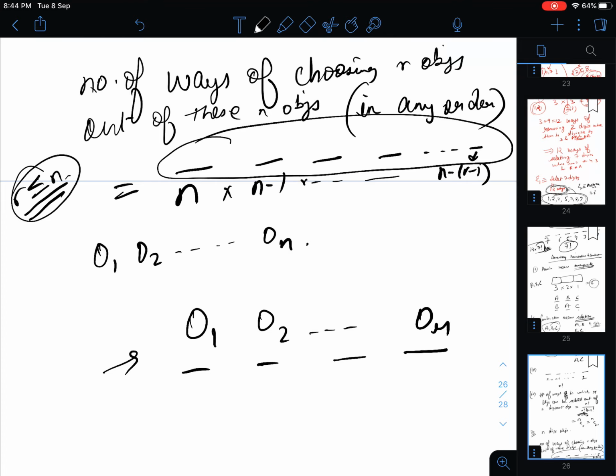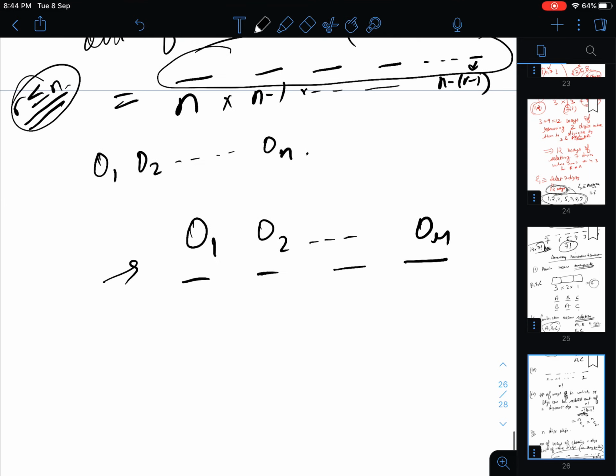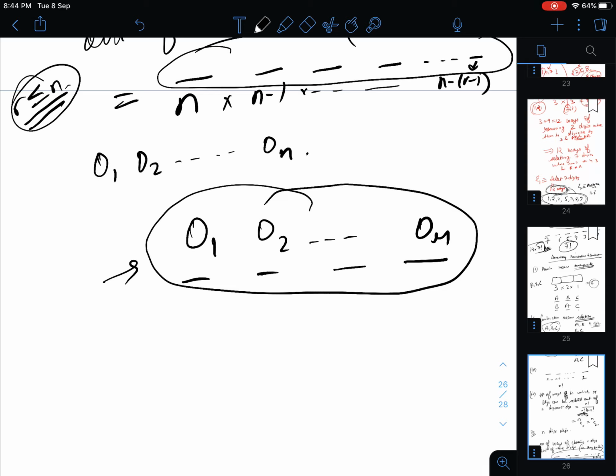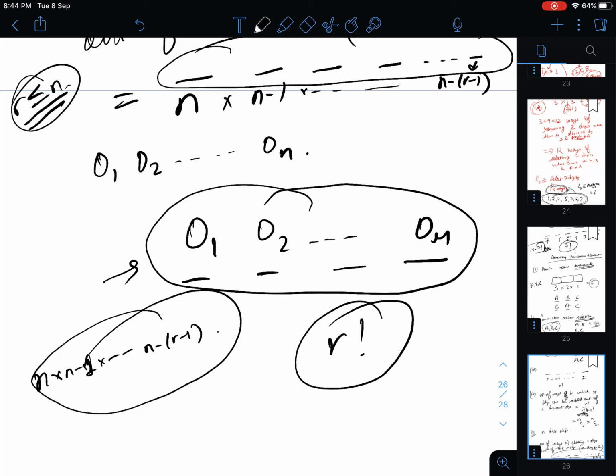Now you see, since we said that multiplication includes all possible orders, all possible orderings of this particular choice of R objects will be included in this number, which is n into n minus 1 till n minus r minus 1, right? So that means any one particular arrangement appears r factorial times in this quantity.